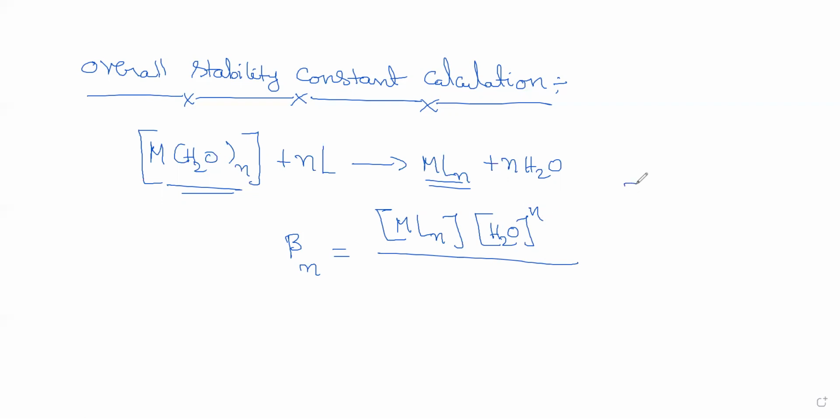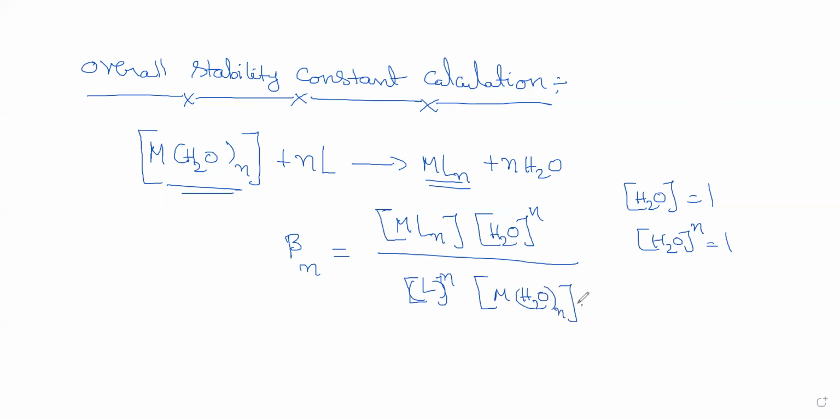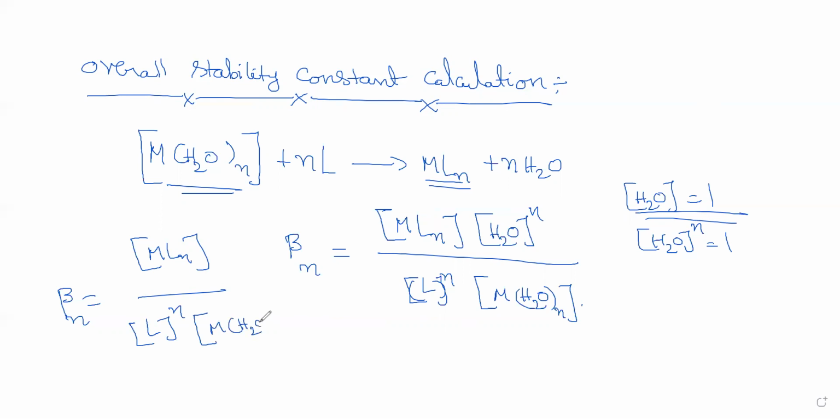Divided by the concentration of L power n into the concentration of M(H2O)n. So beta n is MLn divided by the ligand concentration power n times M(H2O)n. First, we'll write this. So this is step 1.